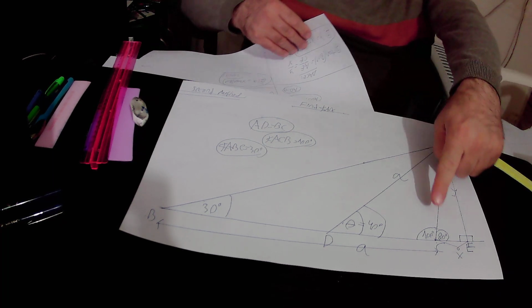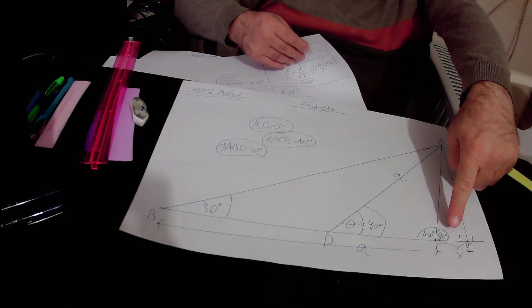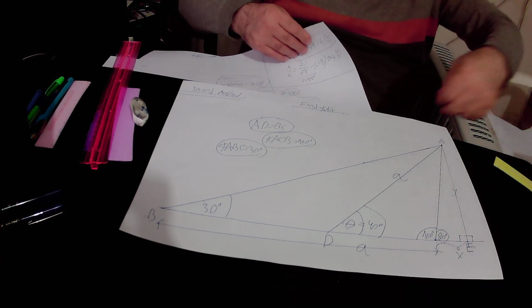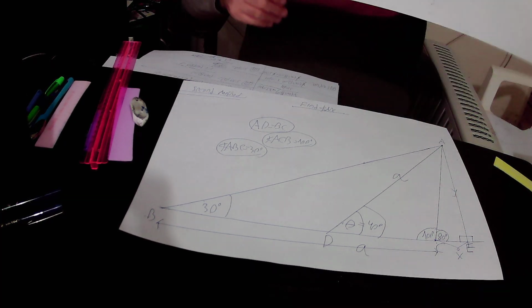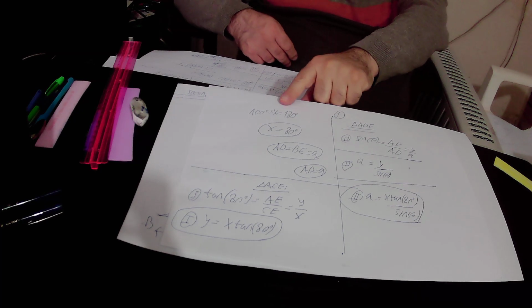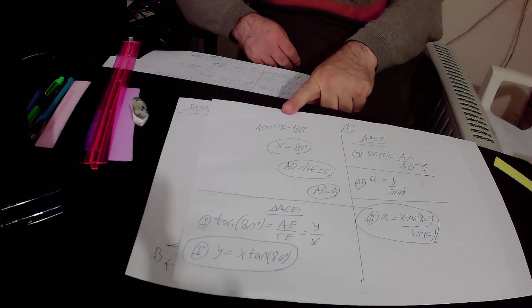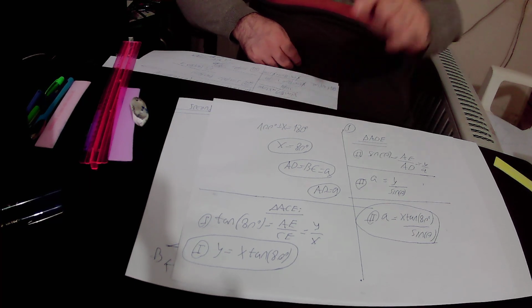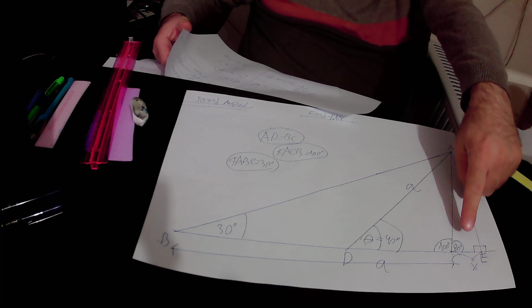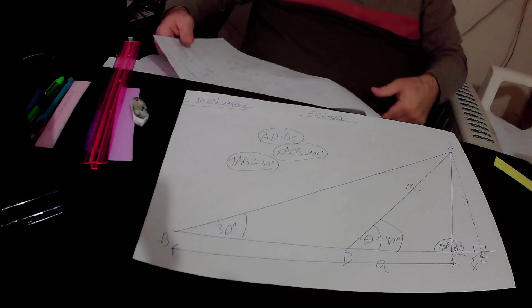That is to say, 100 degrees plus this angle, angle X, must be equal to 180 degrees. We subtracted 100 degrees from this equation and we got that angle X equals 80 degrees. So we found out that this angle equals 80 degrees.